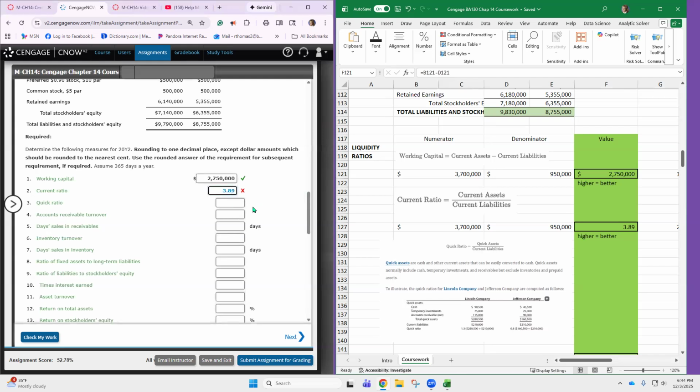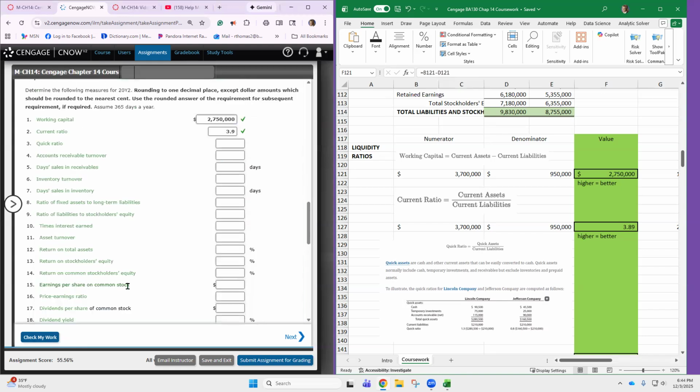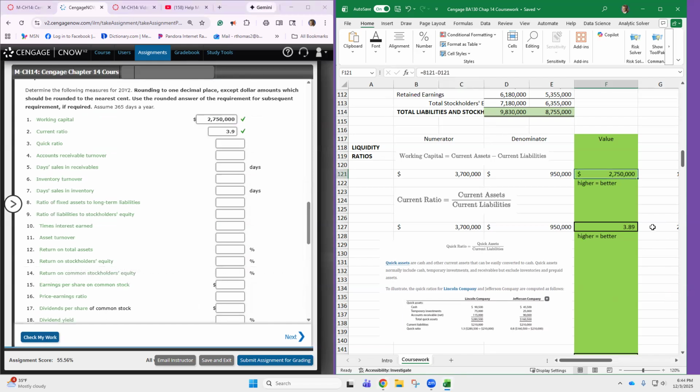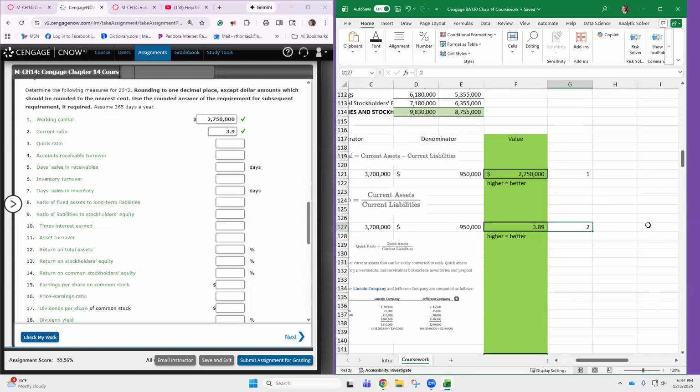Does not like it. So now I'm going to do what it's telling me to do and put 3.9 and see if that's okay. It wants just the one decimal. So I need to make sure you understand that I'm going to put in 3.9.